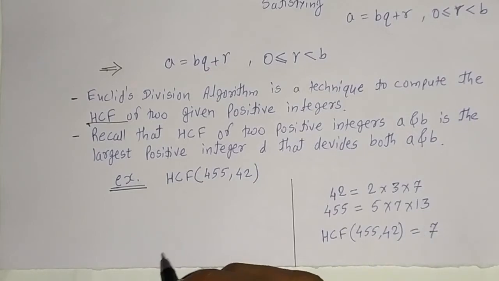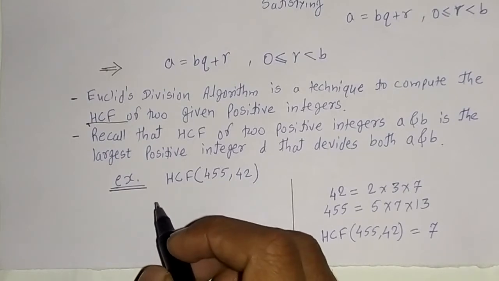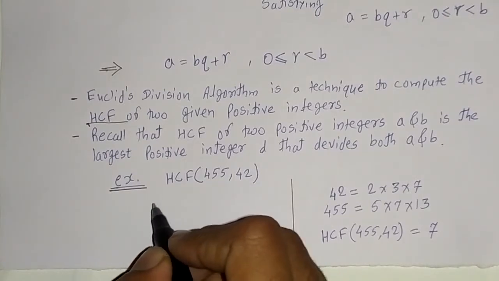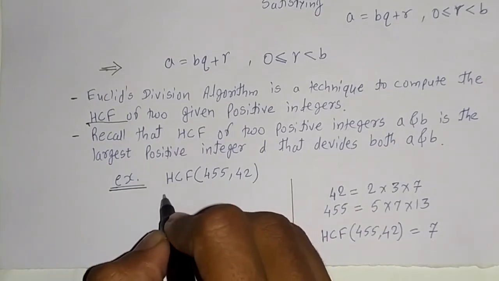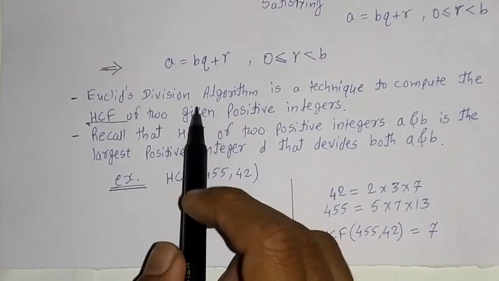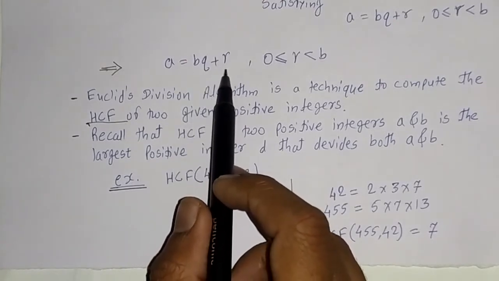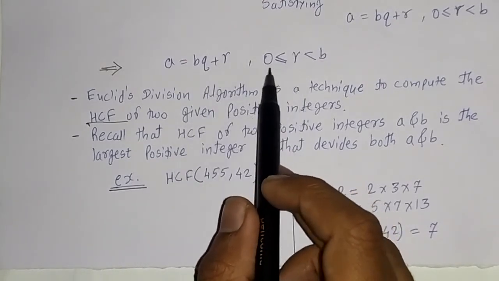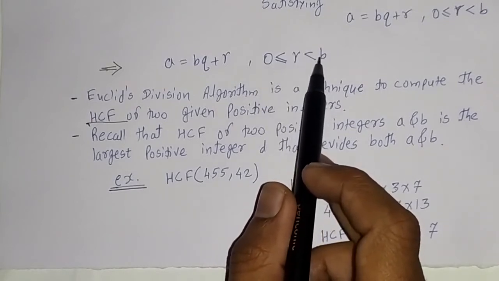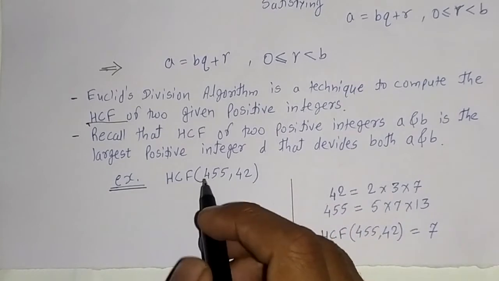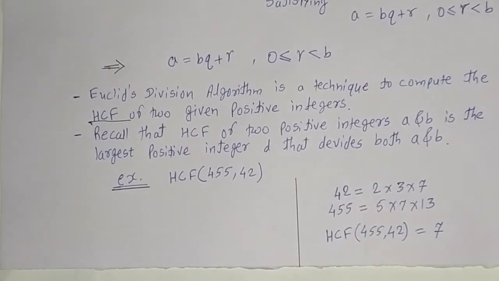So now let us calculate the HCF using Euclid's Division Lemma or Euclid's Division Theorem. So see how to apply this theorem first. What is the theorem? A equal to BQ plus R, where 0 is less than or equal to R less than B. So what will be the A?